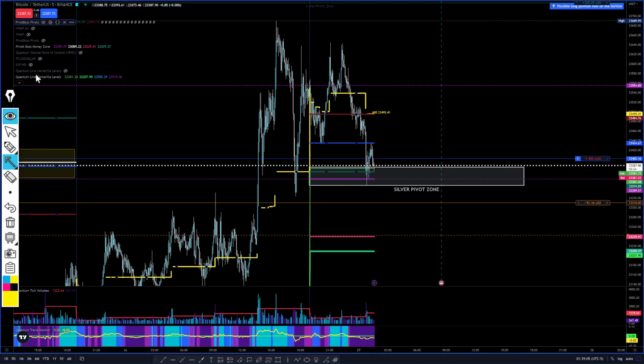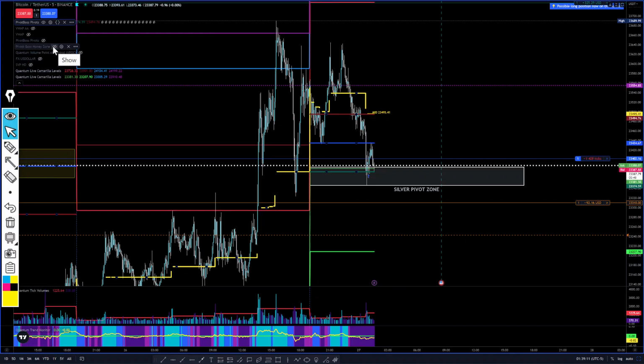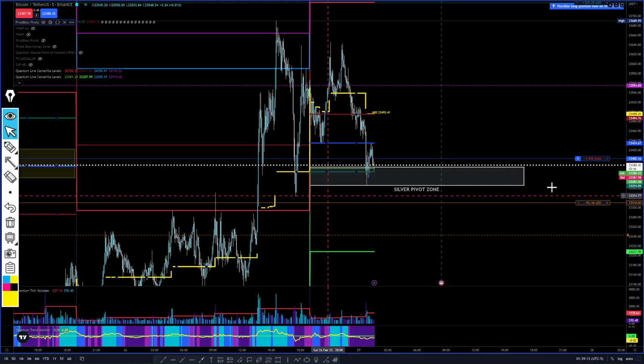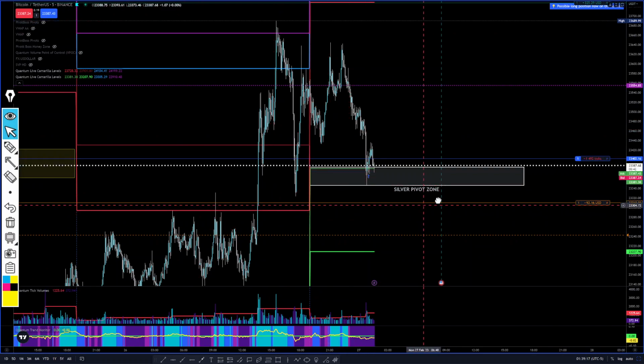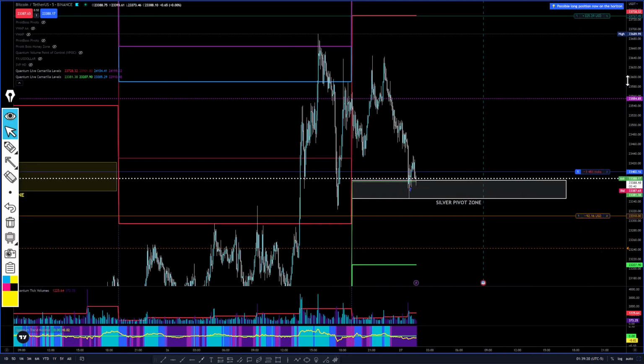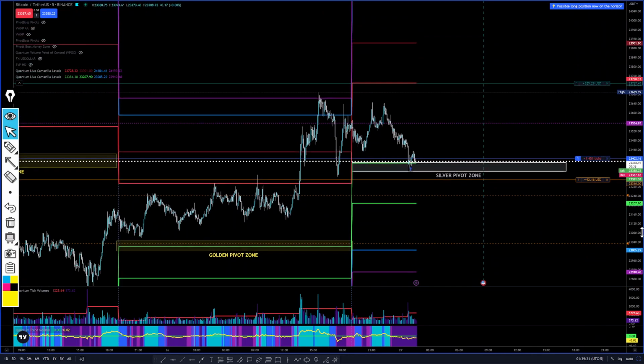So let me demonstrate what the Camarilla setup is at the moment. Take off all these other indicators, and make this a little smaller.